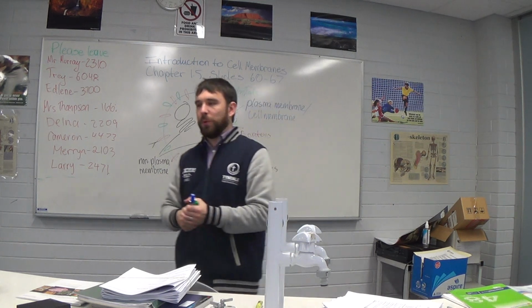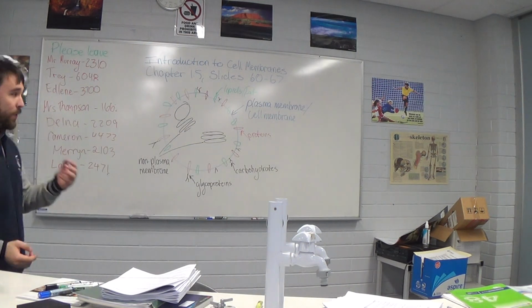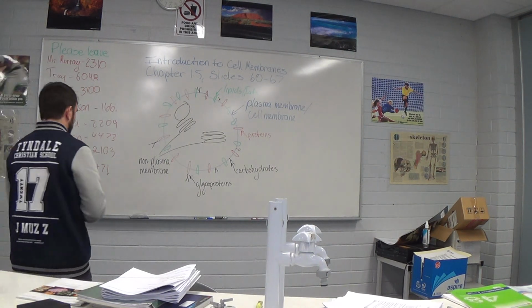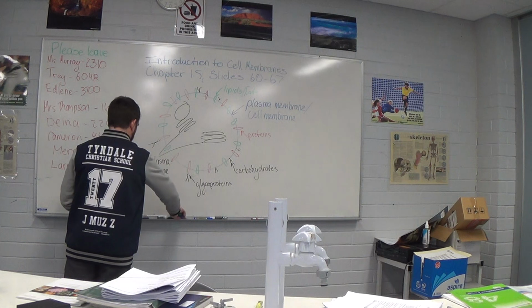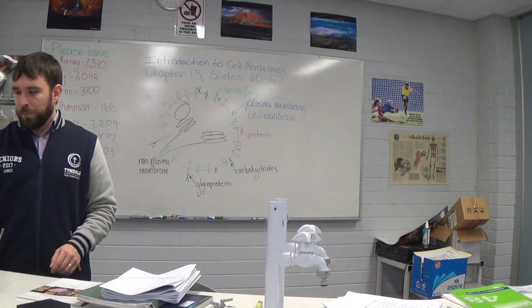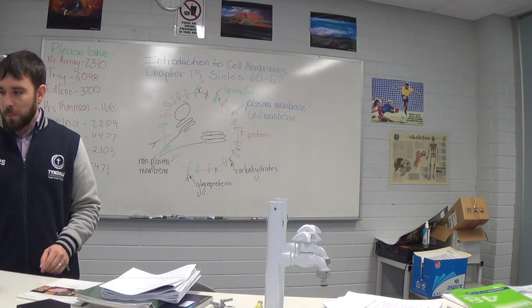So these are our glycoproteins. And they're there to monitor entry and exit into and out of the cell. So they're very, very critical structural features of the cell membrane.